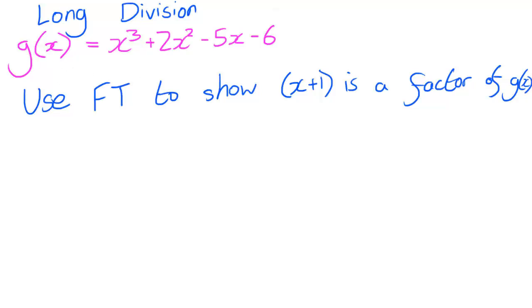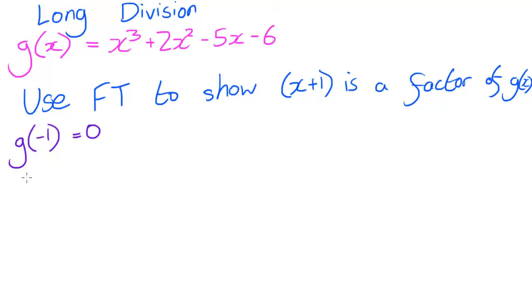So then what you would do is you'd say, right, well, the factor theorem says if I put the negative of this into here, so if I go g of minus 1, then I'm going to end up with 0, therefore x plus 1 is a factor. So then we already know that x plus 1 is one of the three factors, because this is an x cubed.